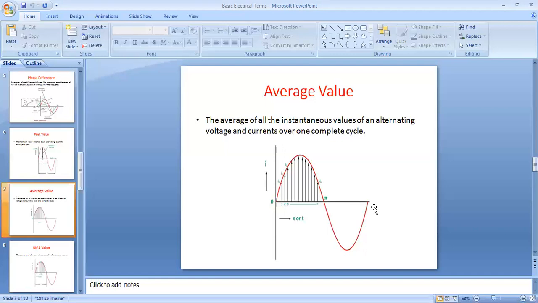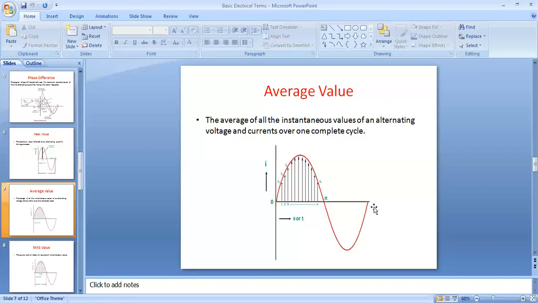The work is done by both positive and negative cycles, and hence the average value is determined without considering the sign. So only the positive half cycle is considered to determine the average value of alternating quantities of a sinusoidal waveform.